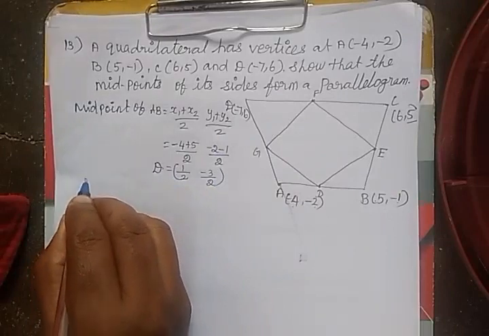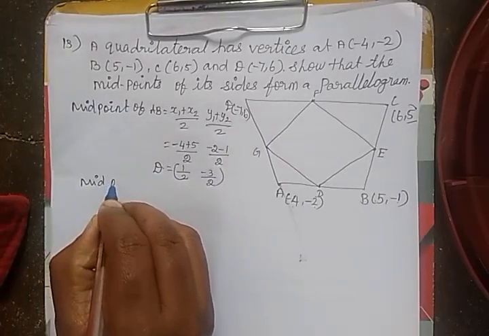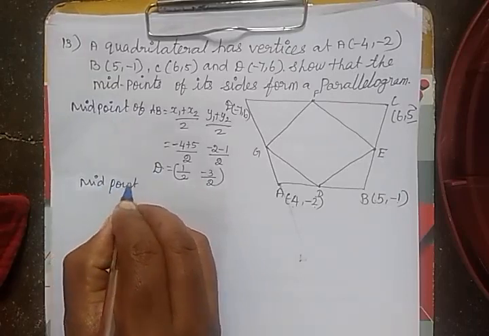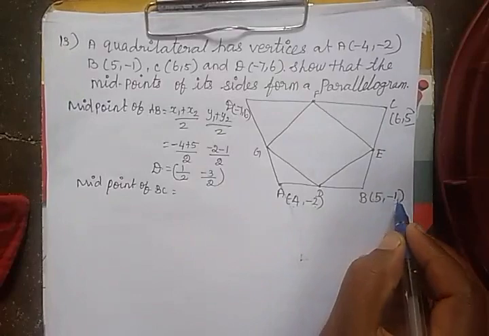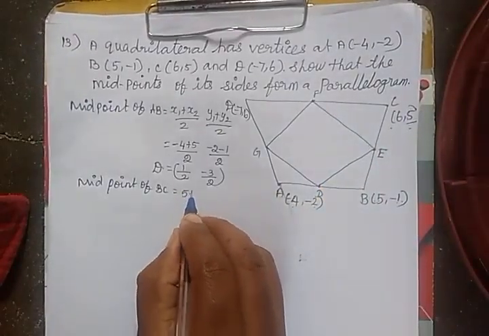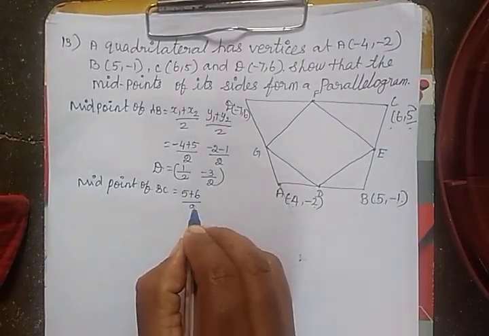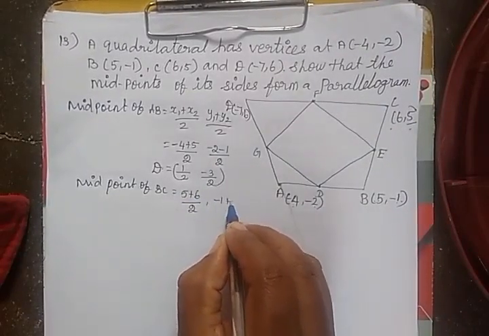Next, midpoint of BC. So this is x1, y1, x2, y2. x1 is 5, x2 is 6, y1 is minus 1, y2 is 5.